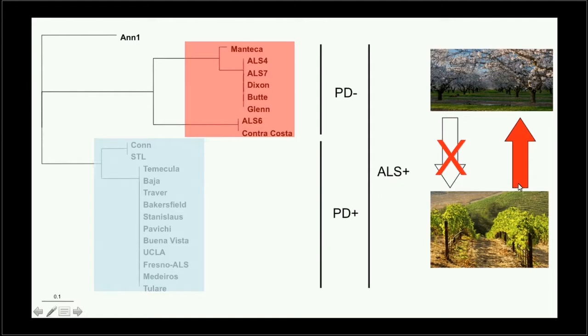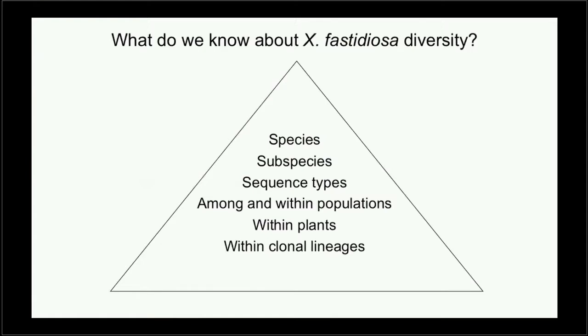So you do have, in this case in California, isolates from one subspecies going from grapes, causing disease in almonds and grapes, while the opposite is not true. So at the subspecies level, it's the easiest level to look at phenotypic and genetic diversity, and for some groups it is well established, but the majority of them haven't really been studied yet.